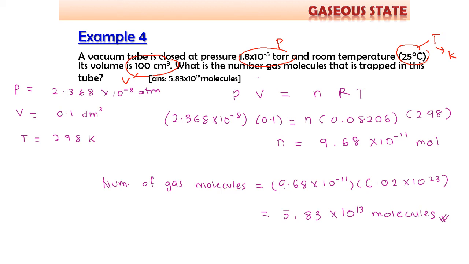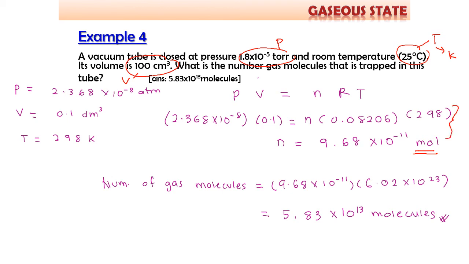By using PV equals nRT, you will get the number of mole, and make sure when you calculate the number of mole, there must be a unit, even though this is not your final answer yet. But this is the final answer for this first calculation.